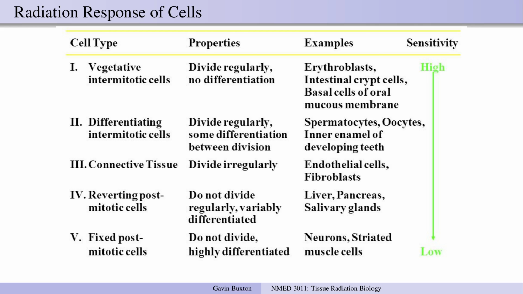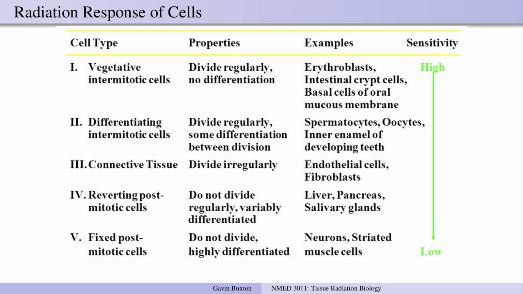The differentiating intermitotic cells are produced by the division of these vegetative intermitotic cells, and although actively mitotic, they are more differentiated than the vegetative intermitotic cells.